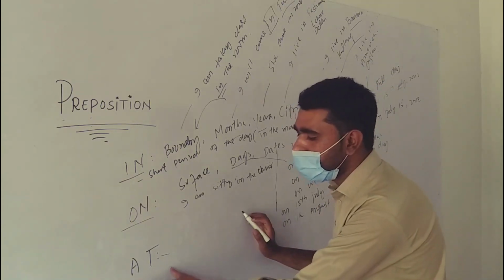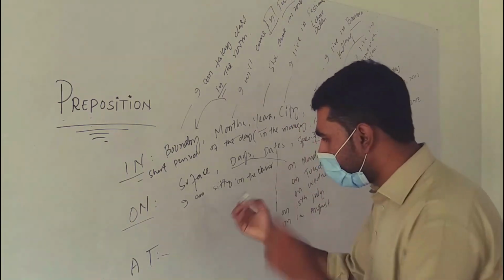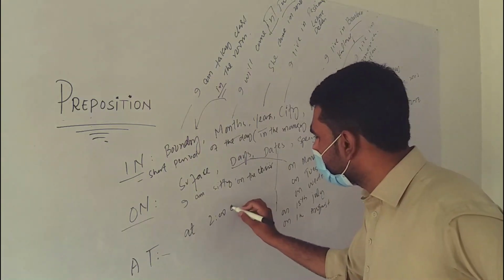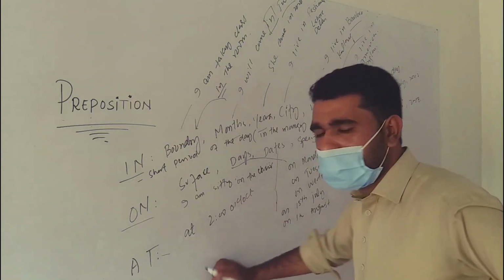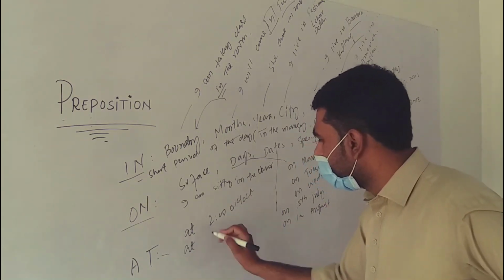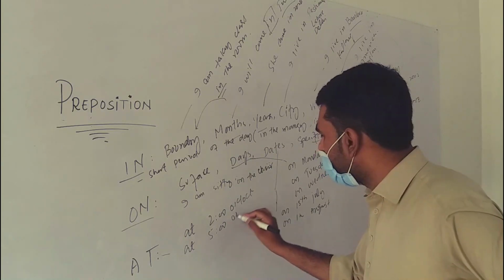So at can be used before o'clock, before time. For example, I will come here at 2 o'clock, or at 5 o'clock.